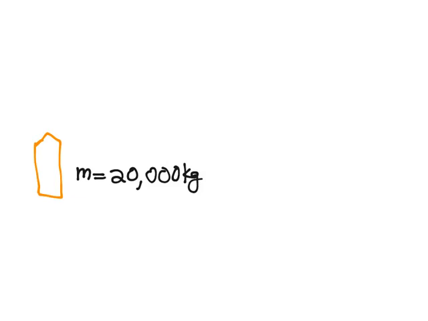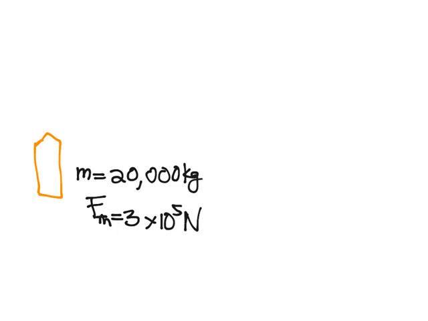It generates 3 times 10 to the 5th newtons of thrust. So F thrust is equal to 3 times 10 to the 5th newtons. Also quite a large number. First of all, we want to know what is the rocket's initial acceleration.